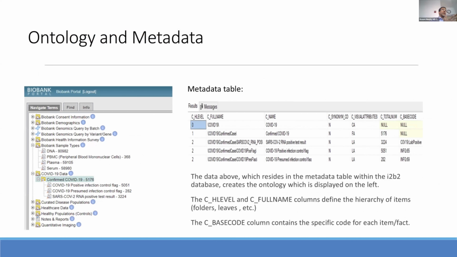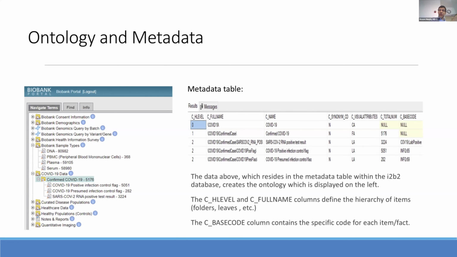Yeah, so there's a whole table set up for the ontology or the metadata, where you define a path, which looks kind of like, if you're a command line person, a Windows or Linux file path. So there's folders, subfolders, and then you get to a leaf node at the end. ICD-9 confirmed case. It's a COVID test.